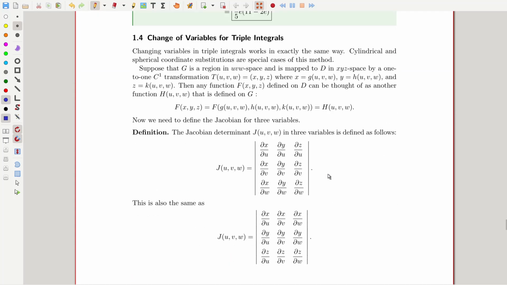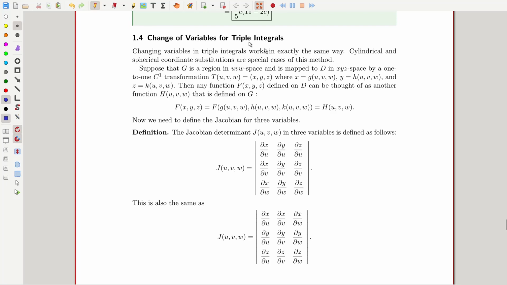So the last bit of material that I've written here is just to connect this topic with the spherical and cylindrical coordinates, which lies in this section on change of variables when we have triple integrals. So what we did with transformations in 2-dimensional space can be extended to transformations in 3-dimensional space, which is what the book describes.